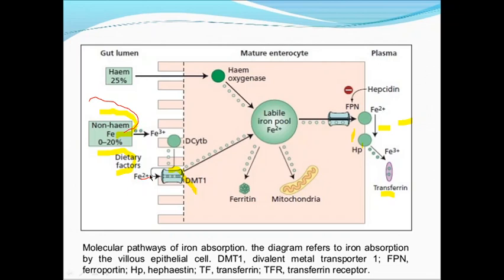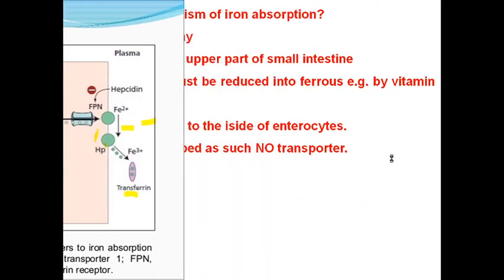So iron is absorbed in the free form through the divalent metal transporter. Maybe there is a carrier protein here, but it is not identified yet. And when it is released from the enterocytes, it will be carried in the blood on transferrin after it is transformed from the ferrous form to the ferric form.